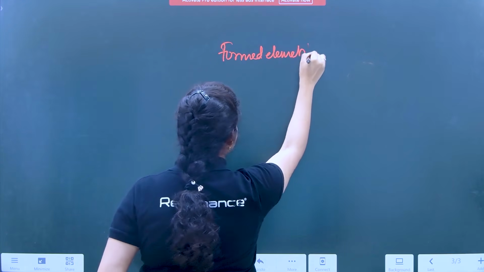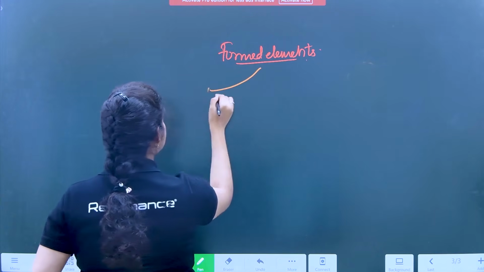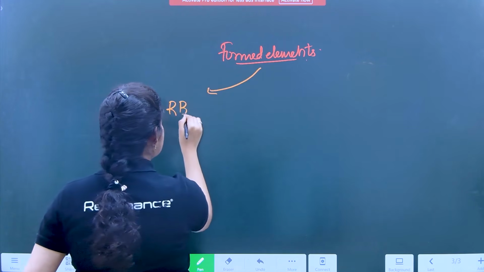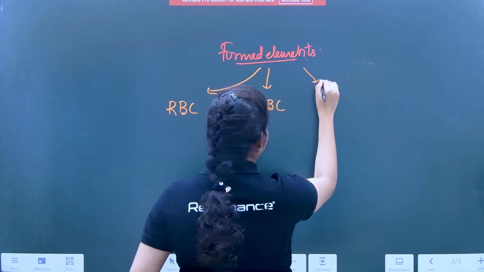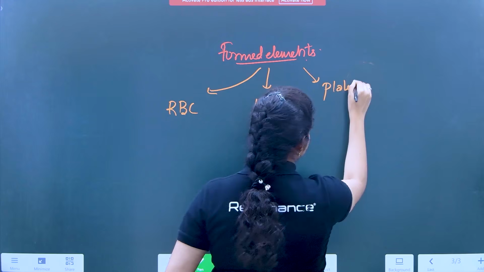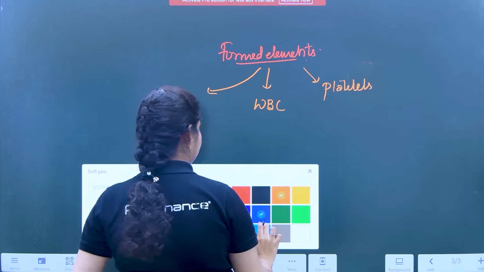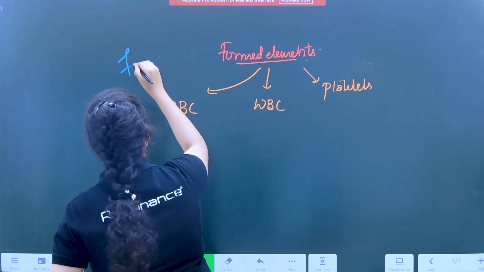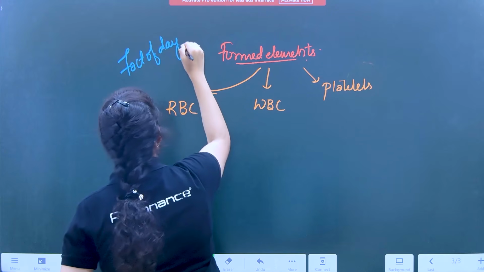Formed elements. What are the three formed elements? The three formed elements are RBC, WBC and platelets. This is the fact of the day. Understood?